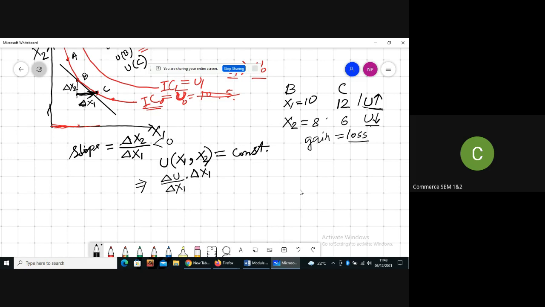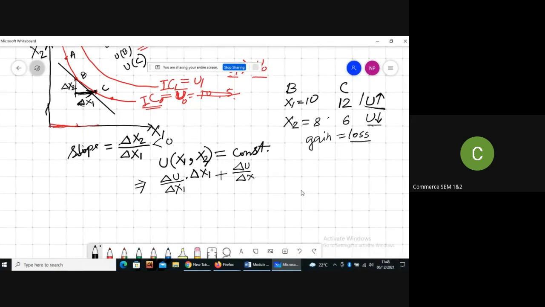So this term multiplied by delta x1, plus delta u divided by delta x2. This is nothing but marginal utility of commodity 2 times the total change of commodity 2. And as this is constant, if you differentiate this, it will be equal to 0.